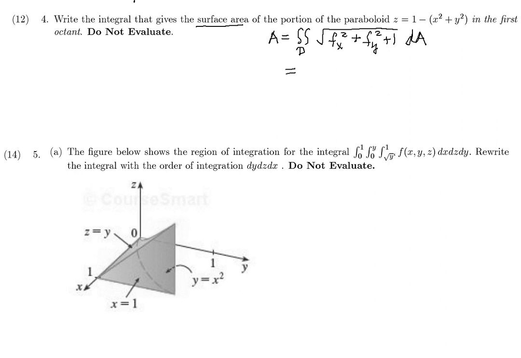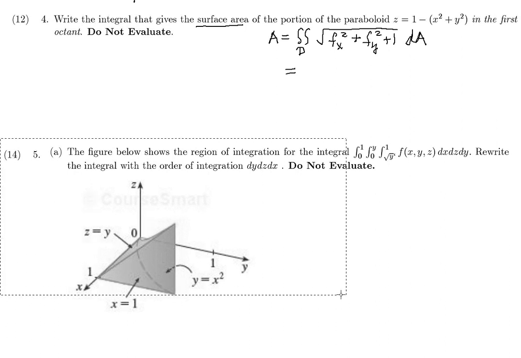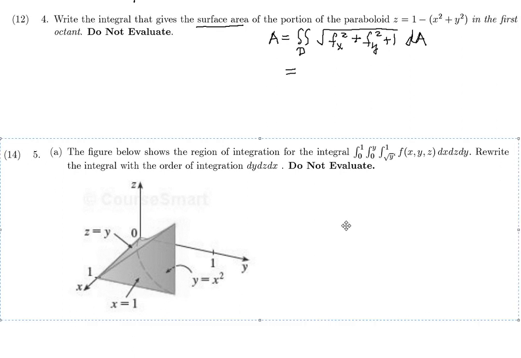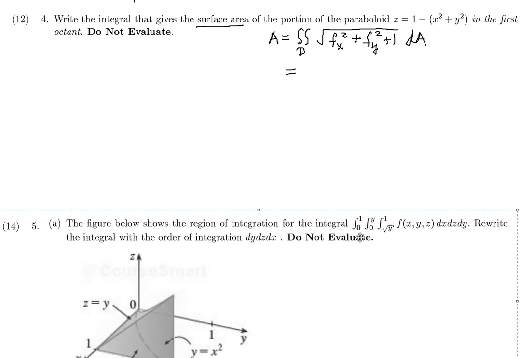So first of all, let's get a picture and see what's going on here. This is a paraboloid, and the negative inverts it, and then the plus 1 out in front is going to shift it up 1 unit. So in 3 dimensions we've got something that looks like this.